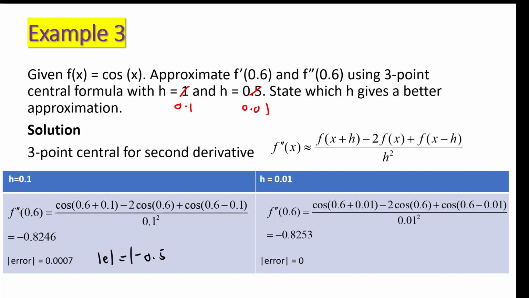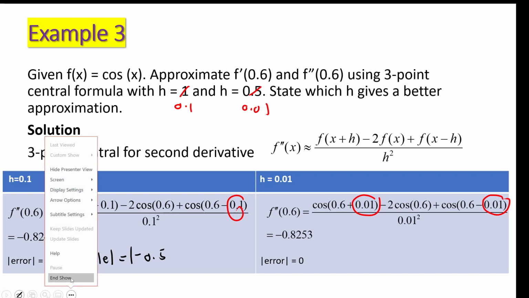So f double prime 0.6 using the 3-point central is cos(0.6 plus 0.1) minus 2 times cos(0.6) plus cos(0.6 minus 0.1), divided by h squared. And when h is 0.01, you just change accordingly.